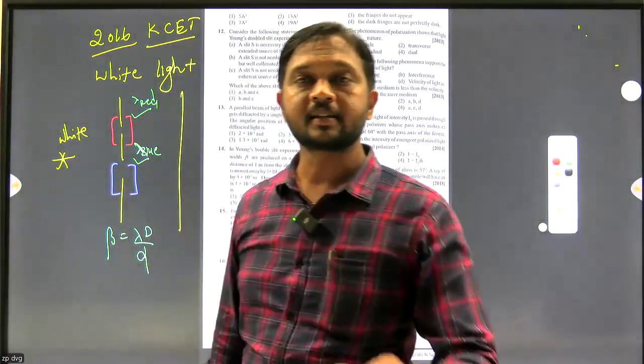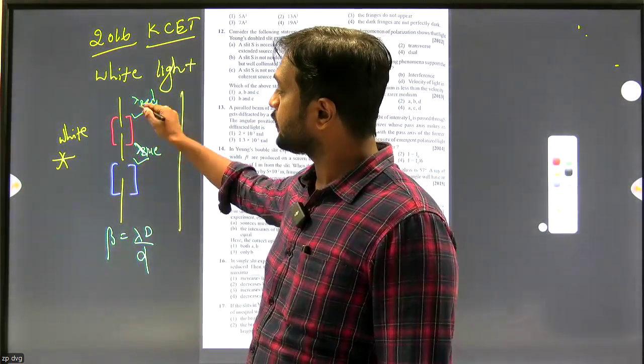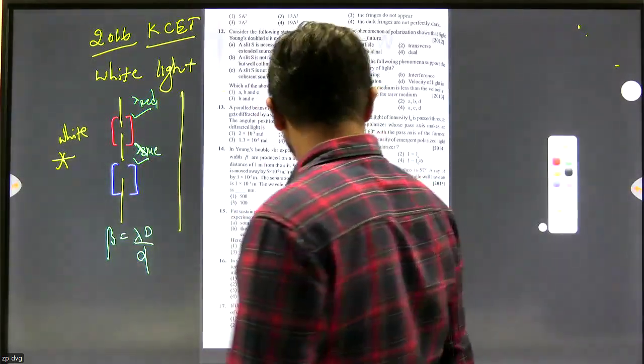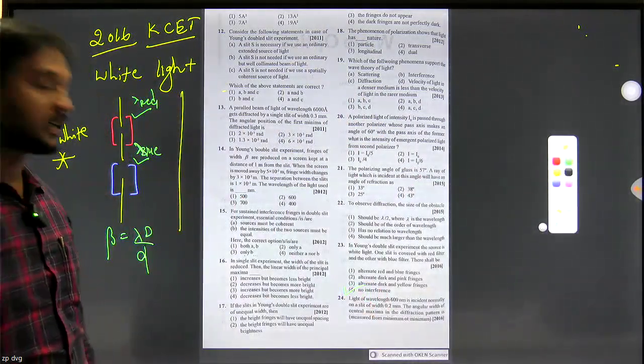The two waves must have the same wavelength. Here the red wavelength is different and the blue wavelength is different, so there is no interference pattern.